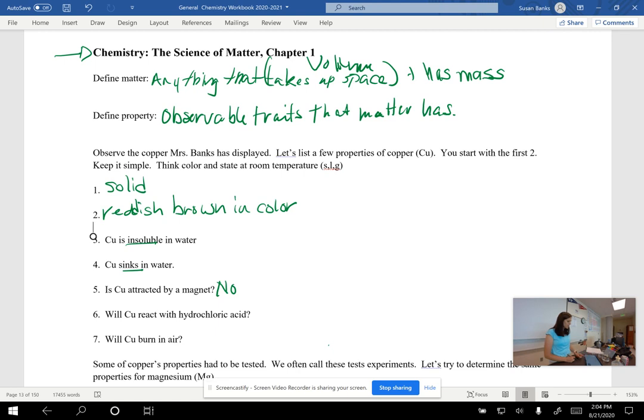Will it react with hydrochloric acid? That's a good question. So I have some hydrochloric acid here, and I'm going to pour some in this beaker and put some more of the copper in here. I don't want the acid to accidentally splash into my eyes, so I am going to put my goggles on. So here we go.